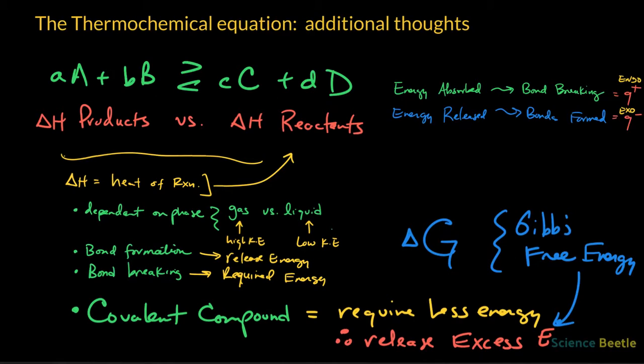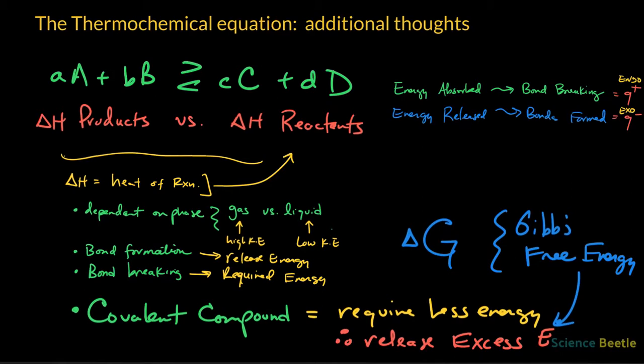Now, we did sprinkle a little bit of discussion when we were talking about the potential energy or the internal energy being a little bit about how the molecules are moving around in that particular system. That's the other piece of the equation, which is known as entropy.